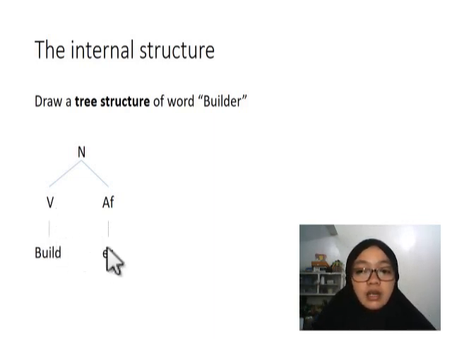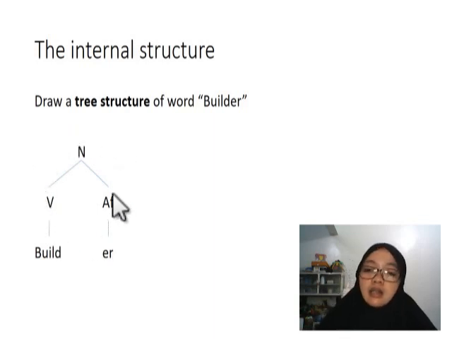For er, this is the affix. We draw the line, state the lexical category of the word and then the affix. After that, we combine them. Build and er becomes a noun. So it derives from a verb, and because it meets er, it becomes a noun. We call this the tree structure.